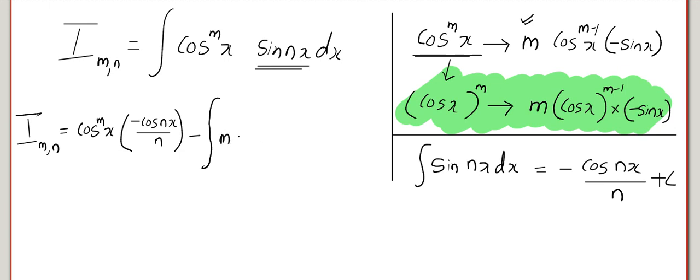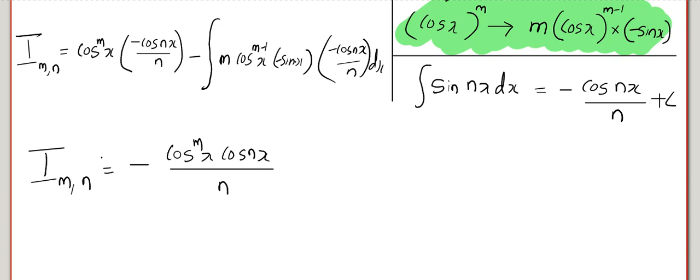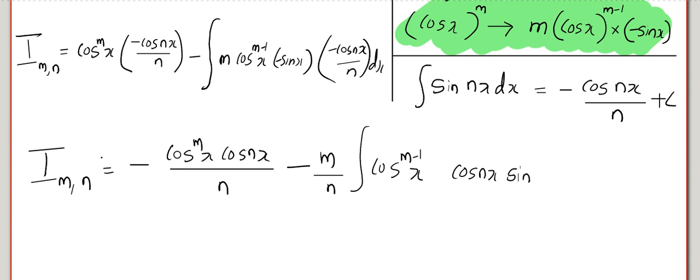Anyway, we will copy it as such first, and the integration, now let's write it a little bit bigger. Now minus will be minus, m by n comes outside, cos to the power m minus 1 x cos n x sin x. Okay, now listen very carefully.